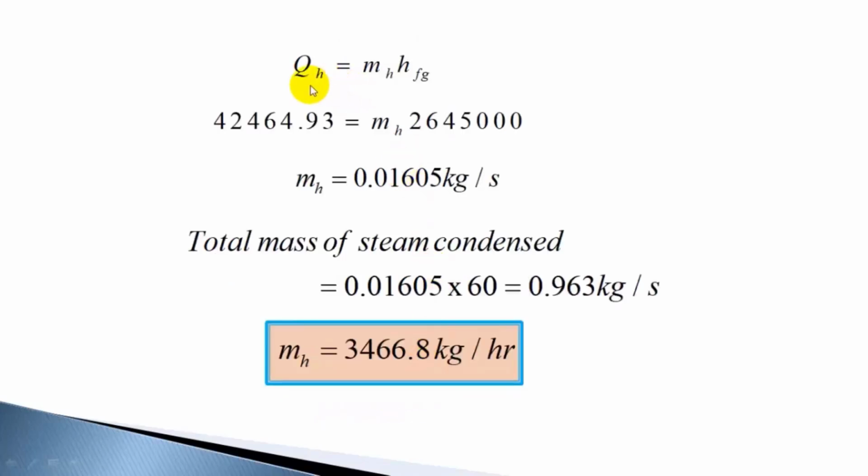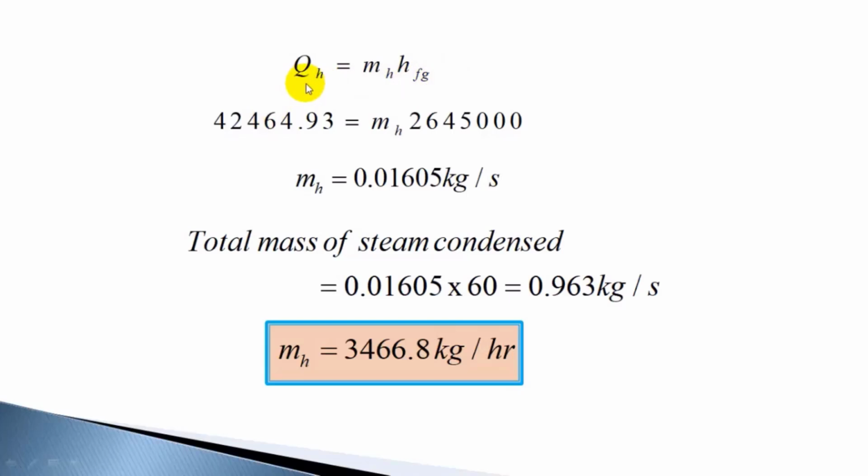Since it is a condenser, we cannot use the equation m Cp into delta T for the hot fluid, because the hot fluid is undergoing phase change, it is condensing. In that case you have to use the expression for heat transfer as Q is equal to mass flow rate into enthalpy of evaporation. So QH is equal to the mass flow rate of hot fluid into the enthalpy, or latent heat, of evaporation.